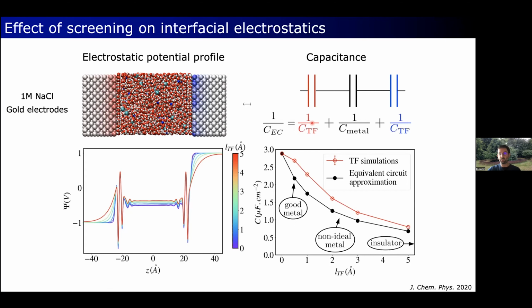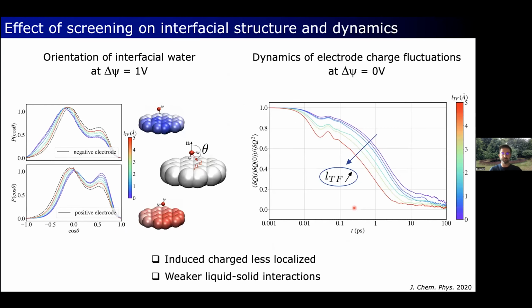Usually people talk about a quantum capacitance, and here it is just predicted from the Thomas Fermi screening length. You see that qualitatively you capture well this decrease of the capacitance with increasing Thomas Fermi length, but it's not quantitative. This is because this equivalent circuit neglects the interplay between what happens inside the metal and what happens inside the electrolyte.